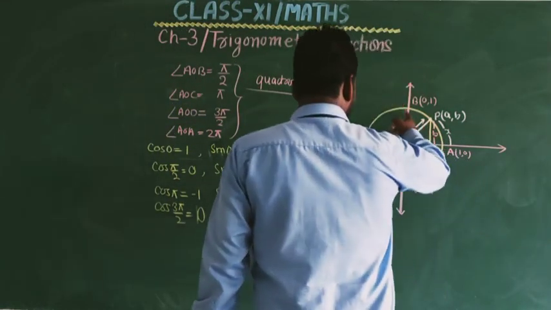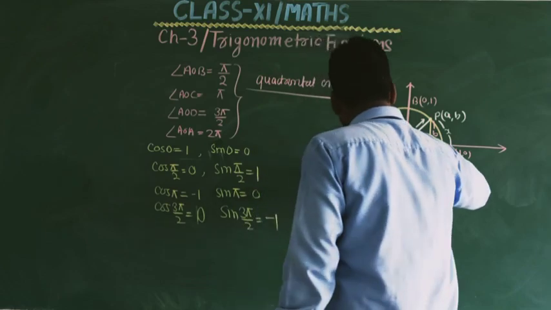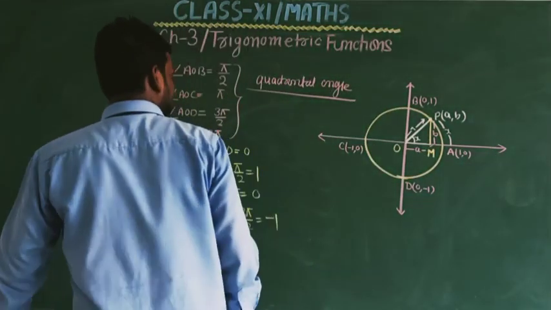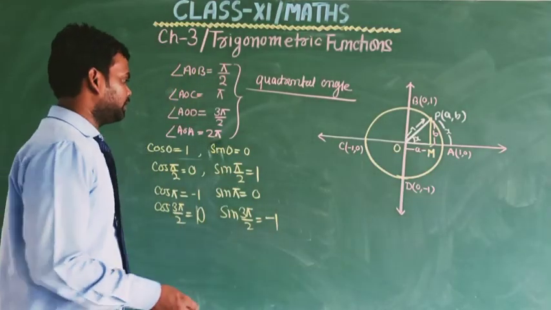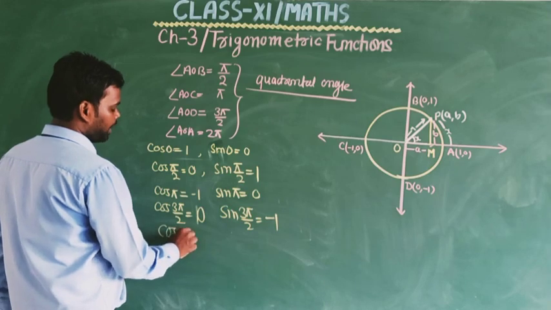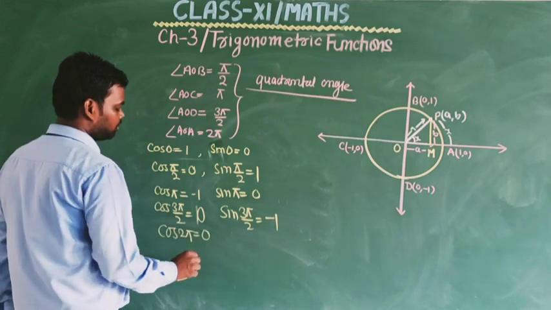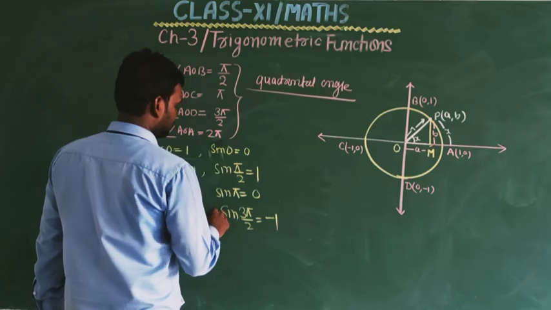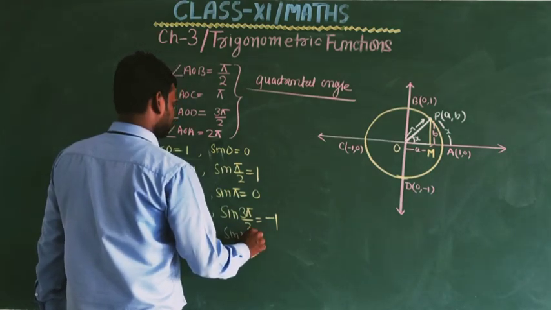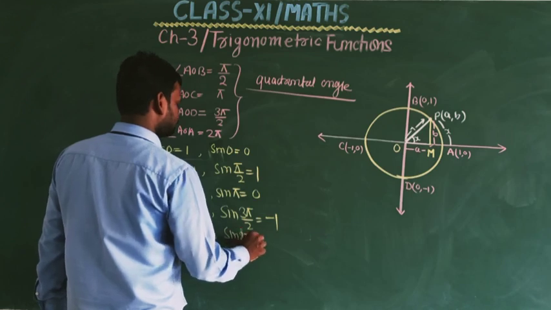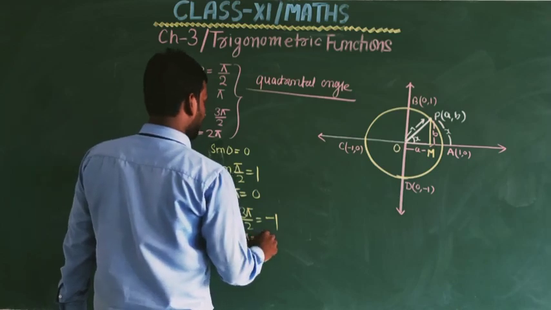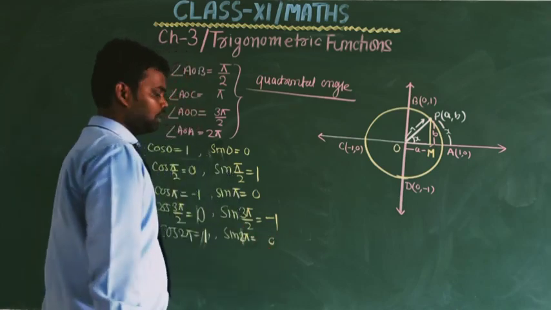And again, after rotation it reaches the point A, then one complete revolution is completed. So cos 2 pi equal to 1 and sin 2 pi equal to 0.